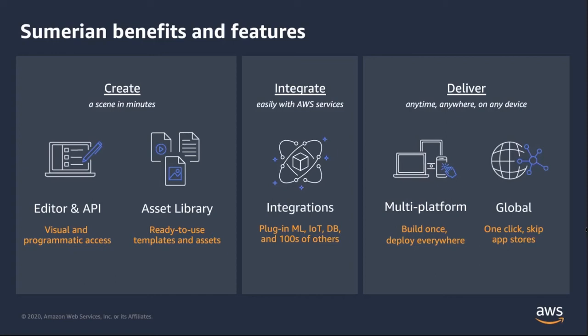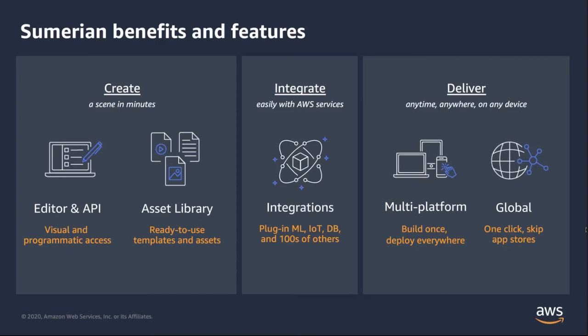Within that editor, we provide both a visual metaphor for adding interactivity, as well as full programmatic access through JavaScript. So whether you're a programmer or a non-programmer, you'll be able to create the ideas you want to create in Sumerian. Another thing we do to make creation easy is we give you a library of starter assets and templates to work with, so you don't have to always create things from scratch.